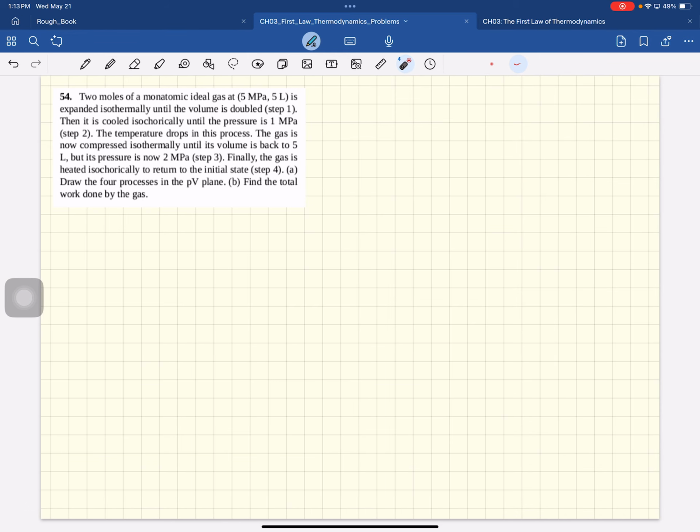Okay, this problem says 2 moles of a monoatomic ideal gas at 5 megapascals, 5 liters, is expanded isothermally until the volume is doubled. Okay, so let's draw that diagram. So there's the initial state, pressure, and we'll write 5 megapascals.